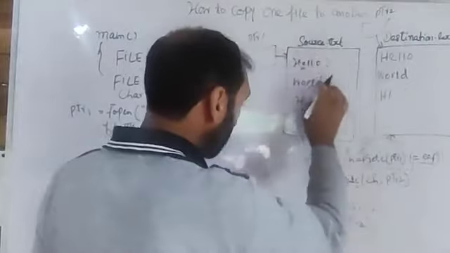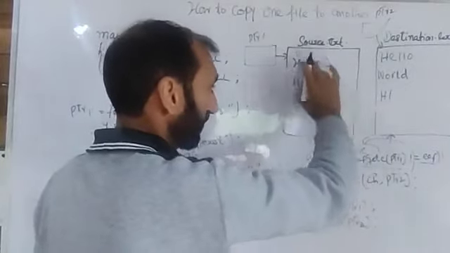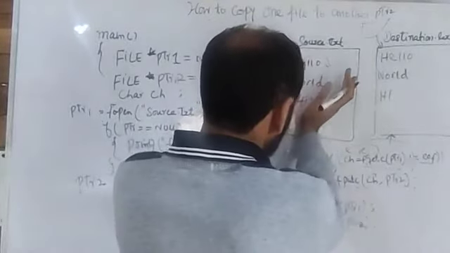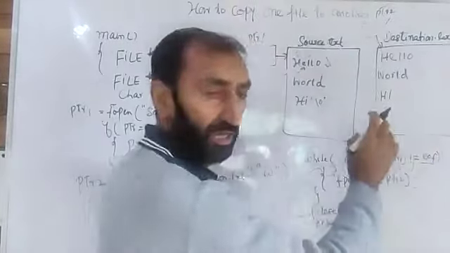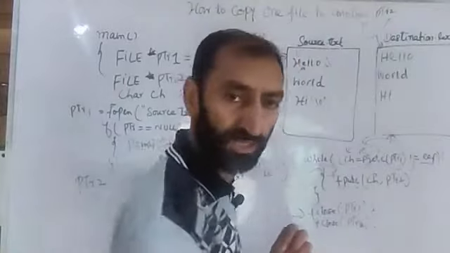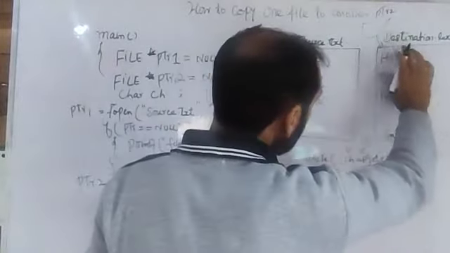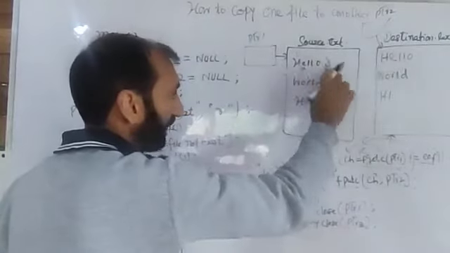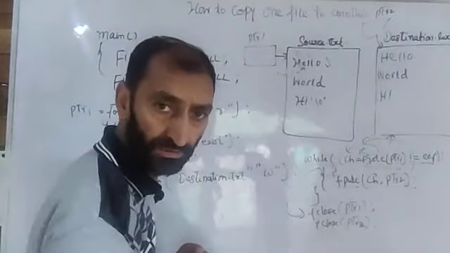And until that, the contents of this source file have been written onto the destination file. That means the contents of this source file are going to be copied onto this destination file. Now the destination file contains the same content, hello world hi, as that in the source file.